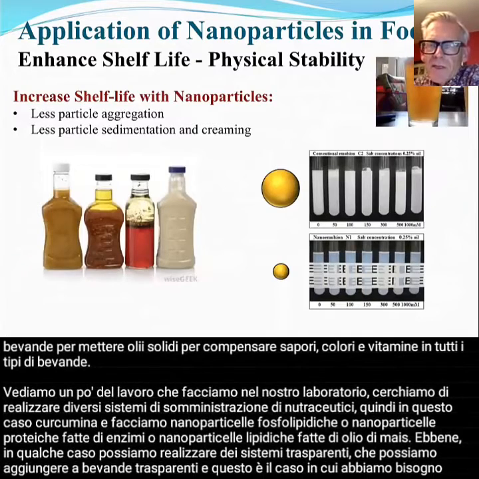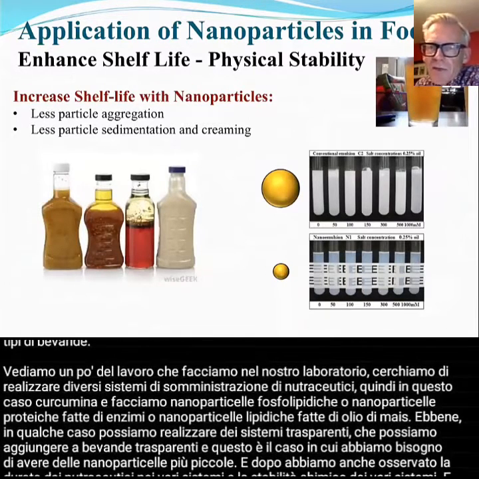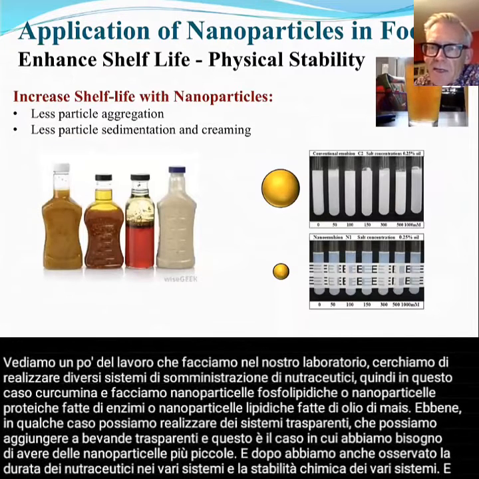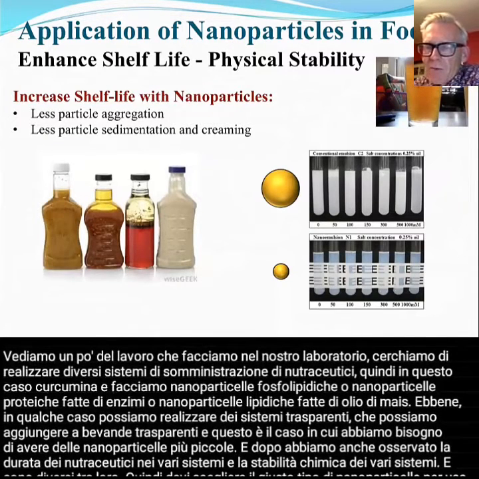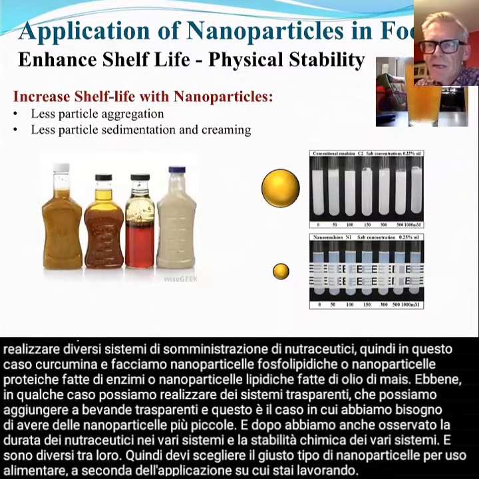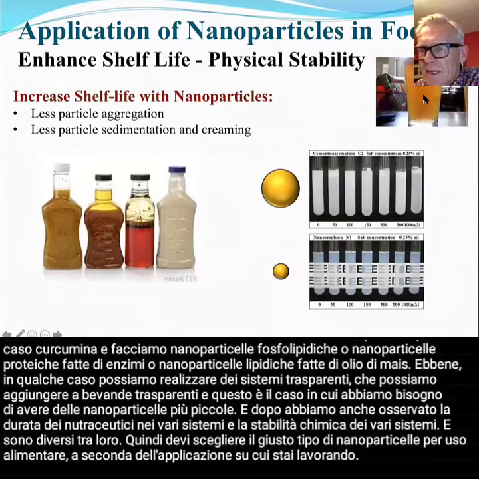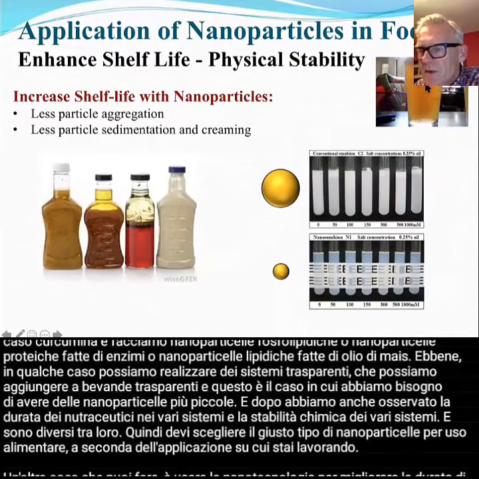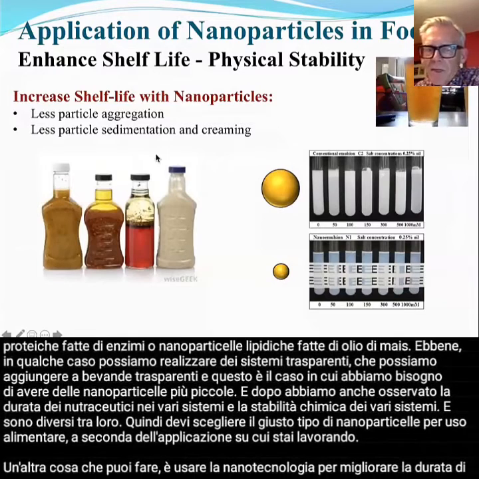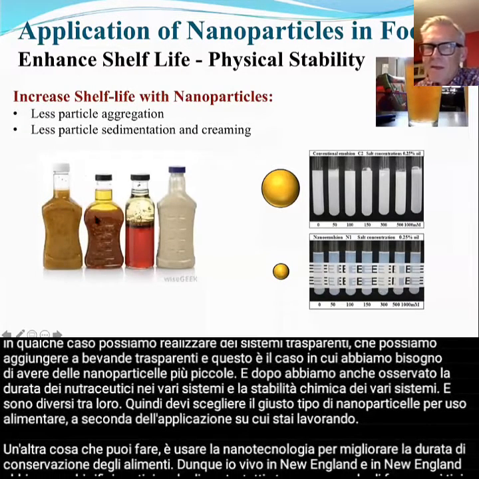Another thing you can do is to use nanotechnology to increase the shelf life of foods. So I live in New England, and in New England, we have a big microbrewery craze. So everybody's trying to make new kinds of beers using all sorts of weird and interesting ingredients. But you often get precipitates or sediments in beer, and you get them in other kinds of food products like dressings or plant-based milks and things like that.